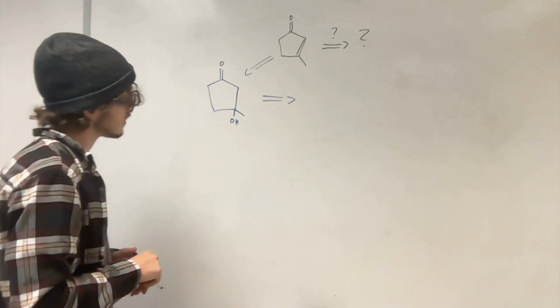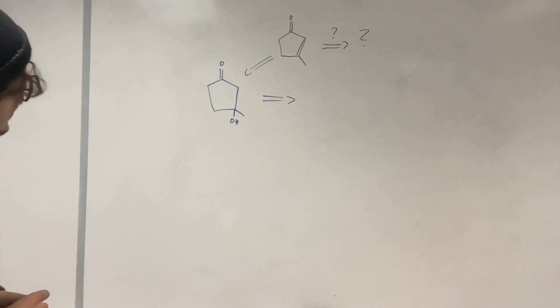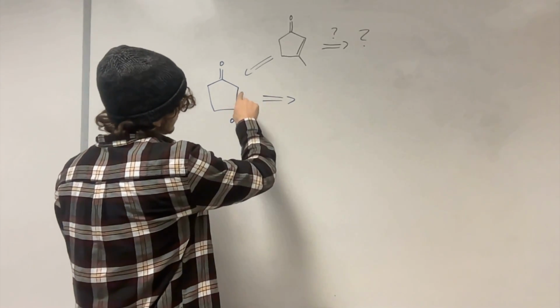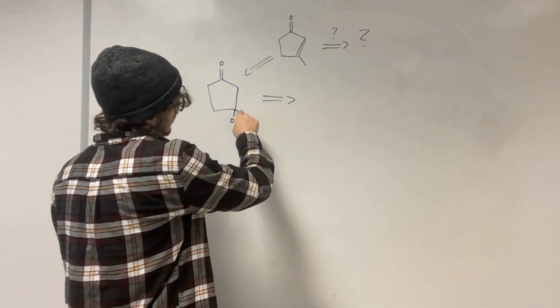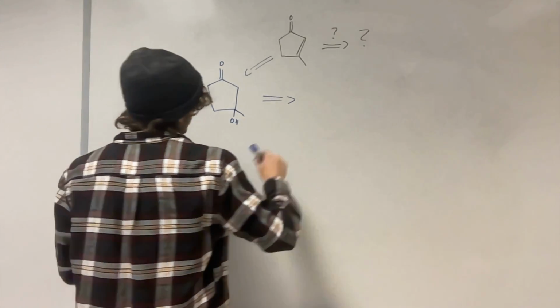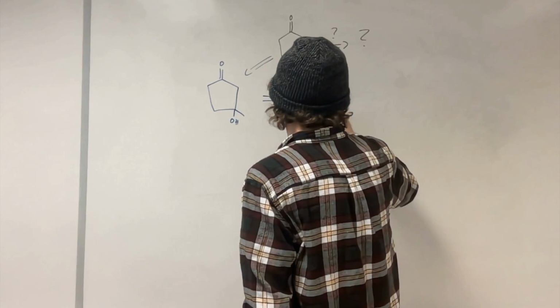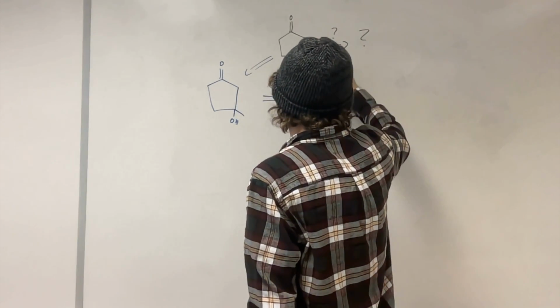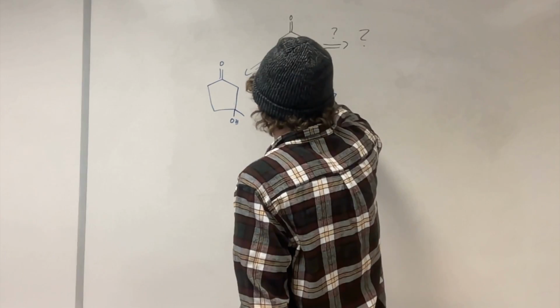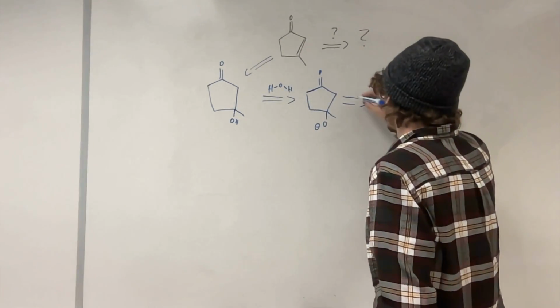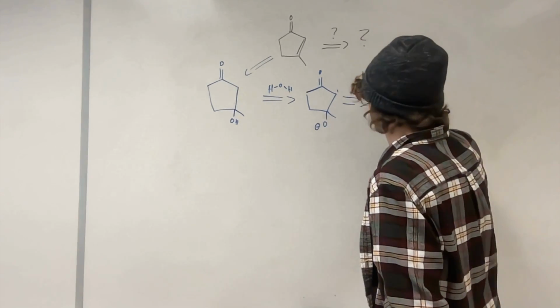Now, we know that this had to be the enolate site where it attacked our carbonyl, and then it got protonated. So this was initially formed from deprotonation, which was formed from the attack of this carbon here. We'll call this carbon 1.